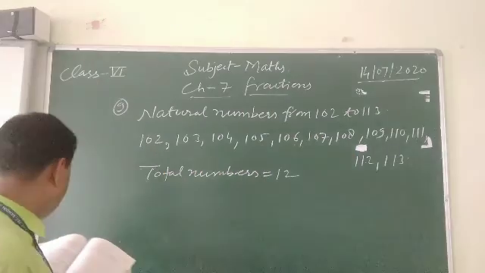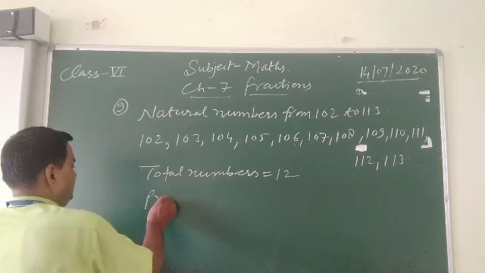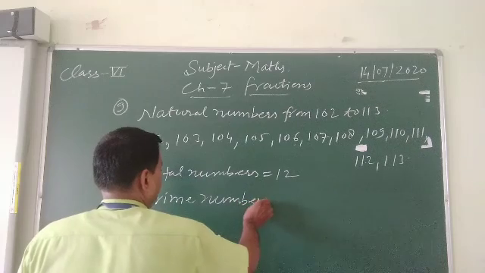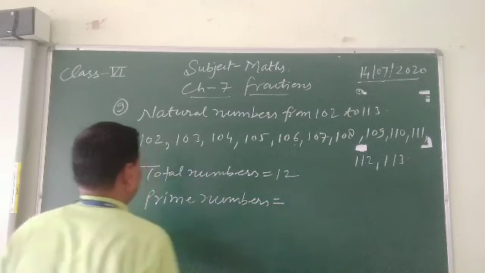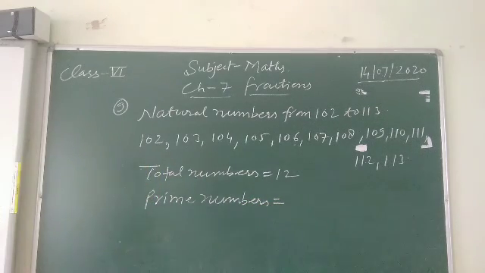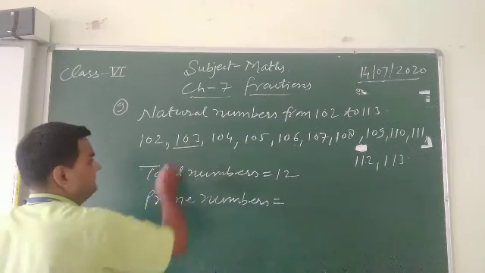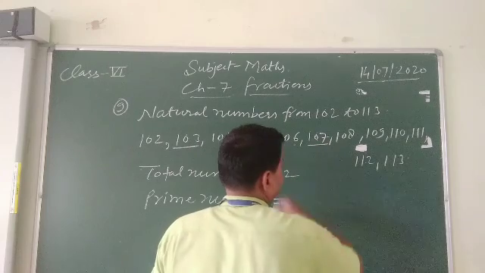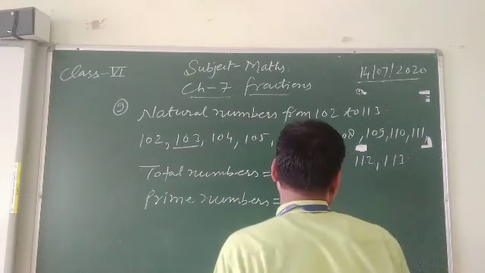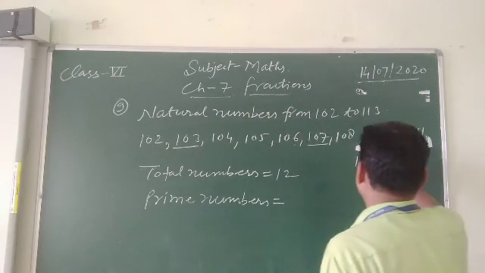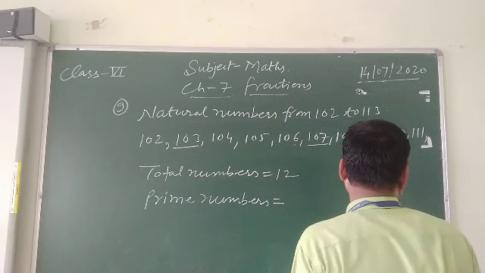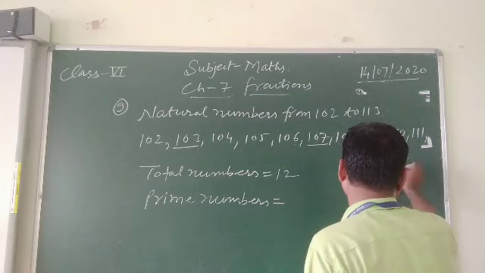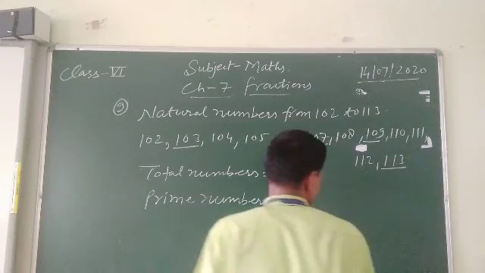So prime numbers are 103 and 107 and 109 and 113.